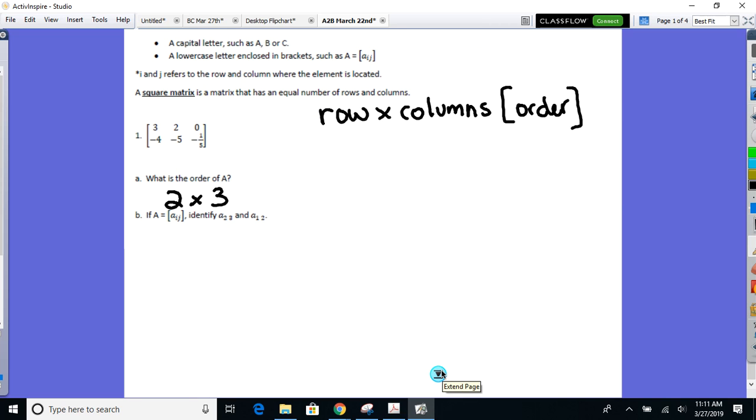In part B, they do a different notation. They say identify a, and then they have a 2 separated with a 3. Row, column. So everyone take a look at that matrix. Row 2, column 3. What number is in that position? Negative 1/5.